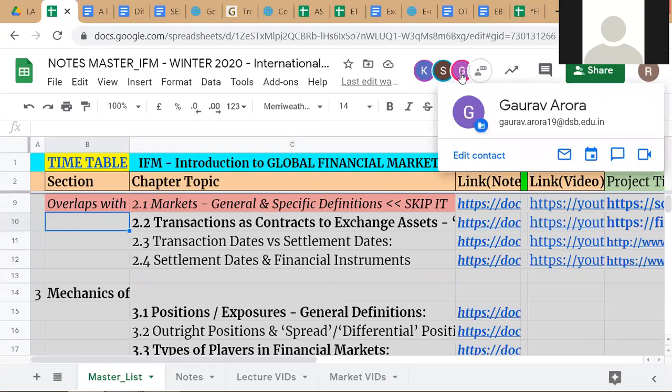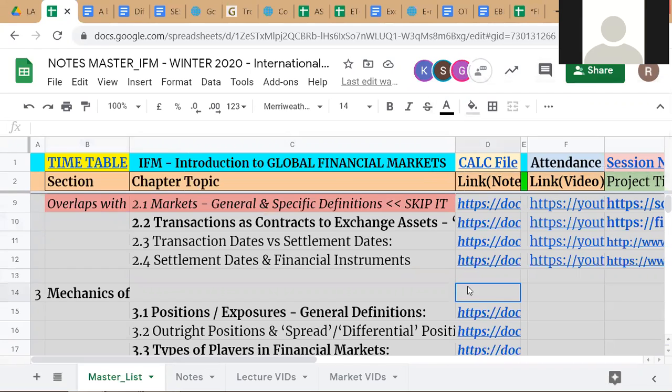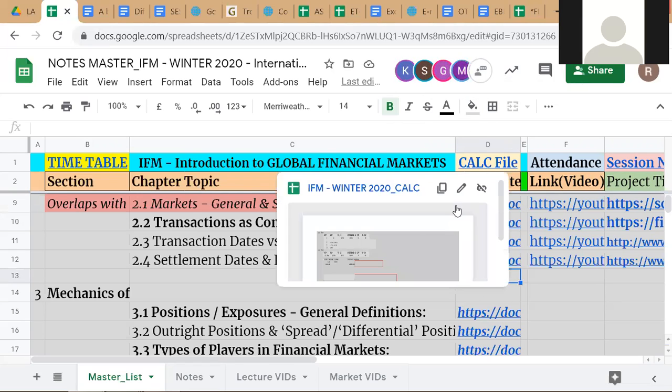So Gaurav, when you say I'm not able to access, are you saying you can't even open the spreadsheet? No, sir, I'm able to open the spreadsheet, but I'm not able to open the links in the column D. Okay, 1 minute. Now that's a different statement. Sambhavna has worded it better. That is what you should have said, that you can open the spreadsheet, because when I look at the log, I can see that you guys have opened it.